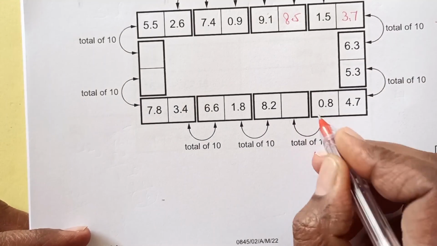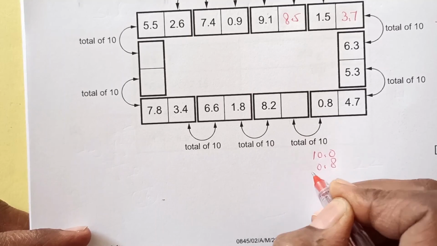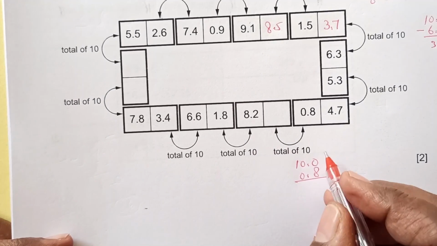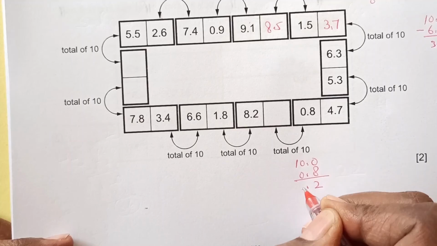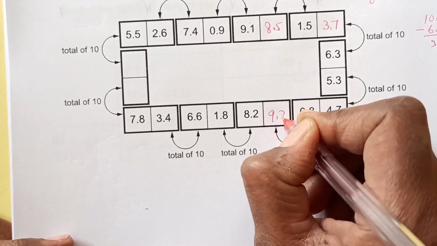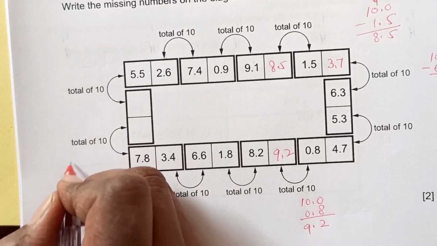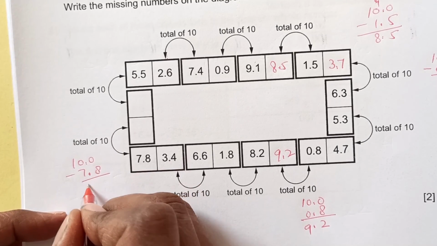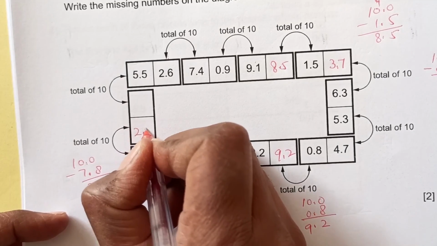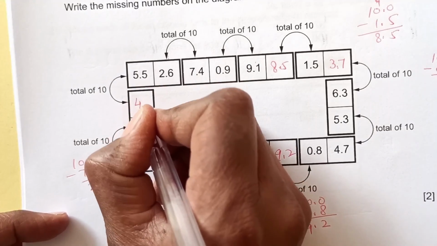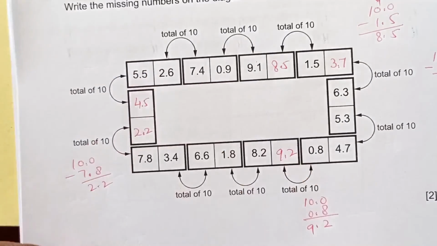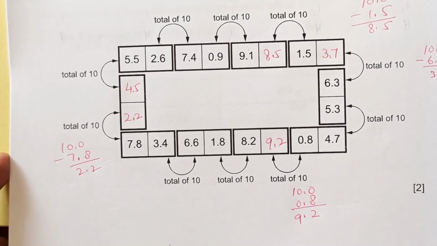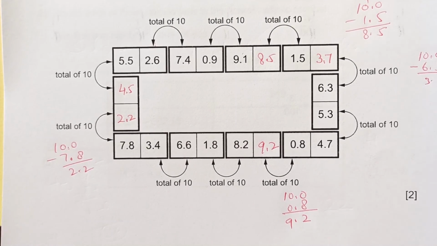Then 10 minus 9.2 is 0.8. But this is a calculator paper, right? Remember, I'm just doing it, so you can just use your calculator. So 10 minus 7.8 is 2.2. This also, 10 minus 5.5 is 4.5, right? So that's how you can complete this one.